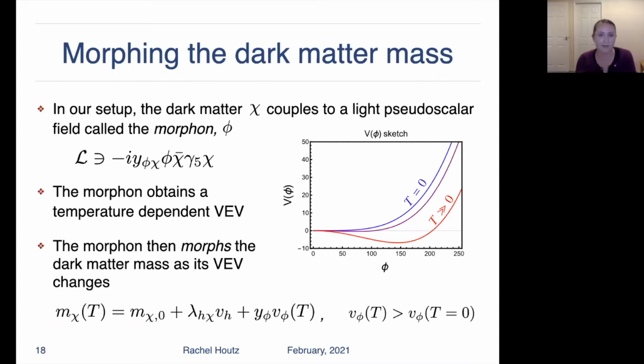And in this way, our morphon field morphs the dark matter mass as the VEV of the morphon changes. You can see how this Yukawa coupling, once the morphon obtains a VEV, turns into something that modifies the mass of the dark matter. And then specifically, like I said before, we're interested in VEVs that are larger at higher temperatures and smaller at T = 0 temperature.